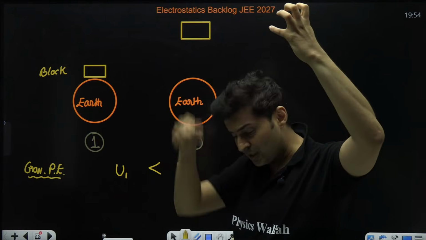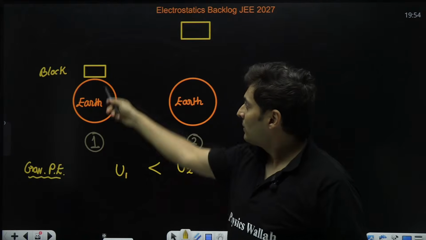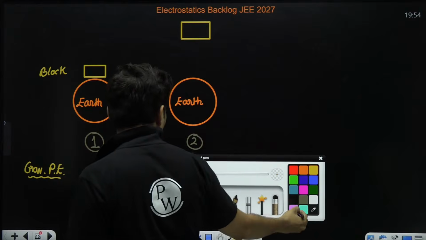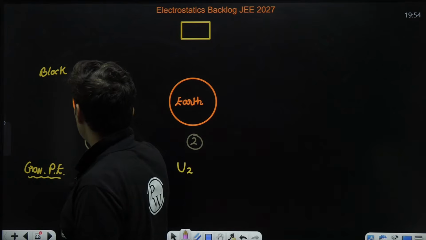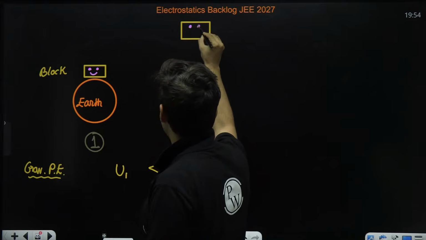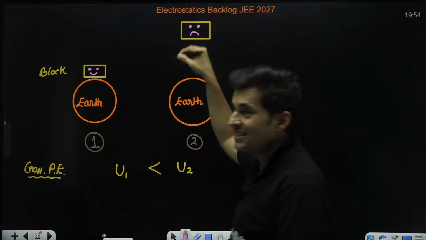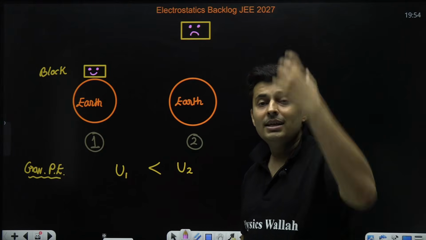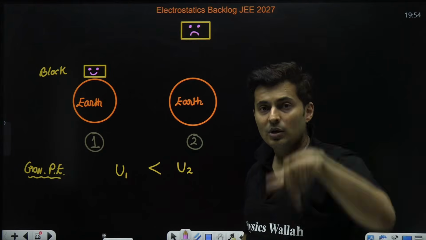There is gravitational pull down. This block will definitely be happier than this block. Think about it. If I had to put a smile, I would definitely put a smile on this block, and I would say this block will be sad because you have taken that block against its will, its natural tendency to come down.